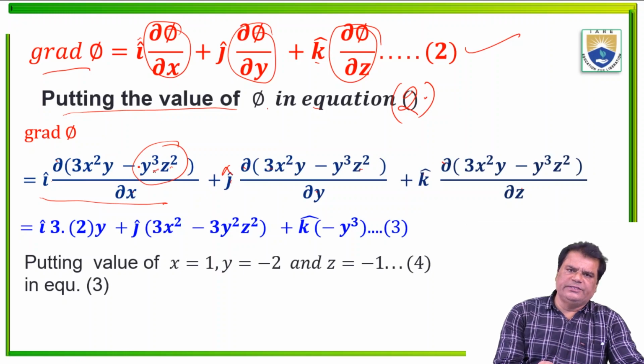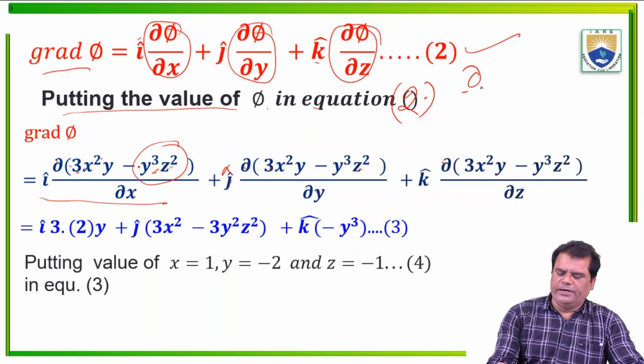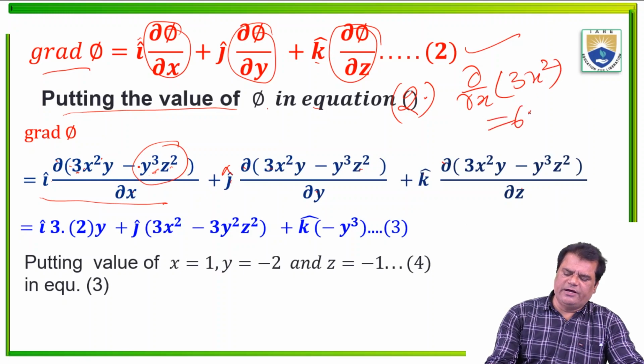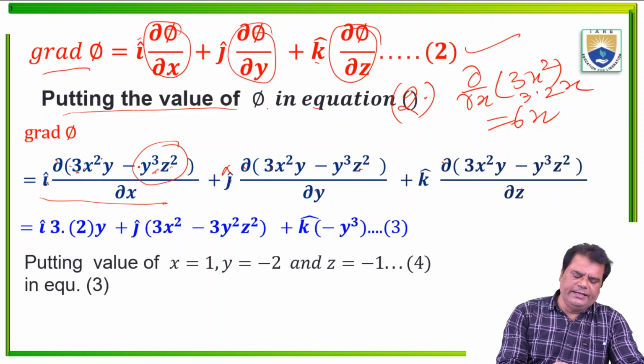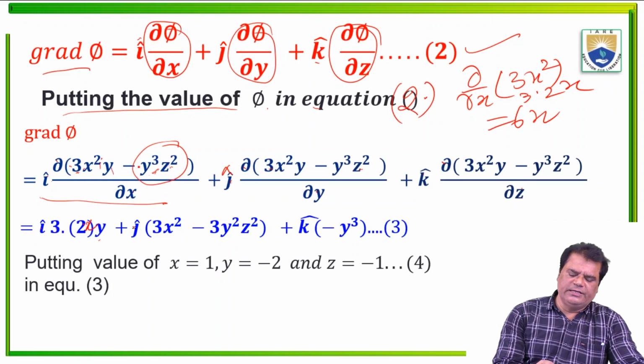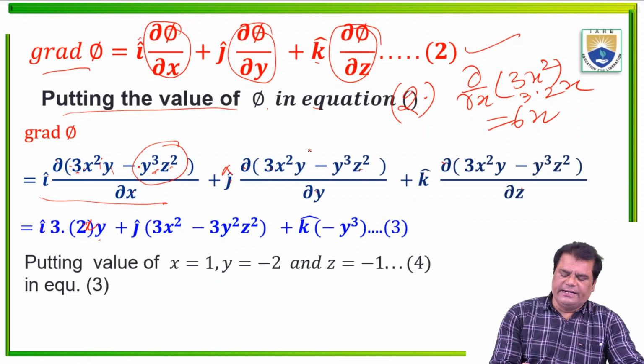There is no x in that function. Only the first function has x: 3x square. So ∂/∂x of 3x square is 6x, since x square gives 2x and 3 into 2x means 6x. So I write here i cap 6x y, and that result is 0.